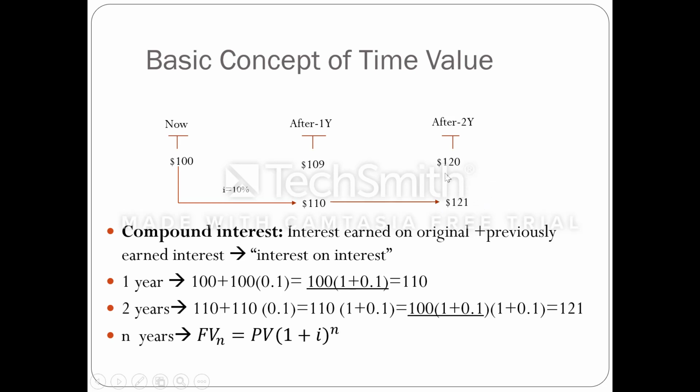So this 121 is the future value of $100, right? And this $100 is the present value of this $121, which you will get in 2 years if you have the opportunity to earn a 10% interest rate.